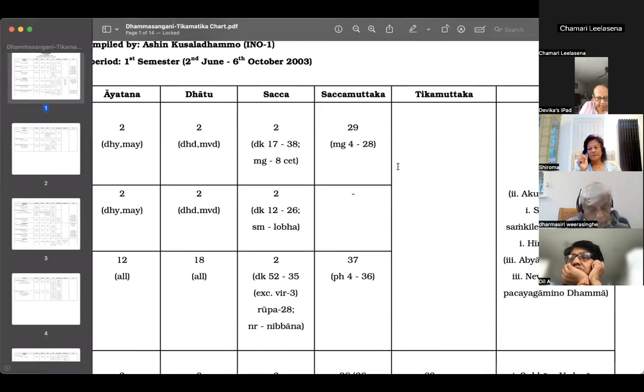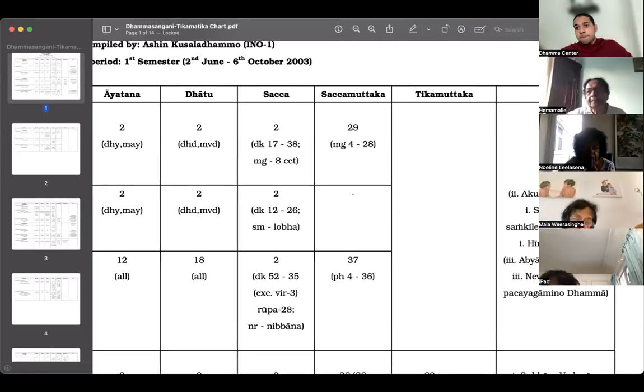Yes, Chamari. I think what needs to be done has been done by now, so it's not one of the 4 noble truths anymore. In the dukkha satcha, you need to understand it clearly.